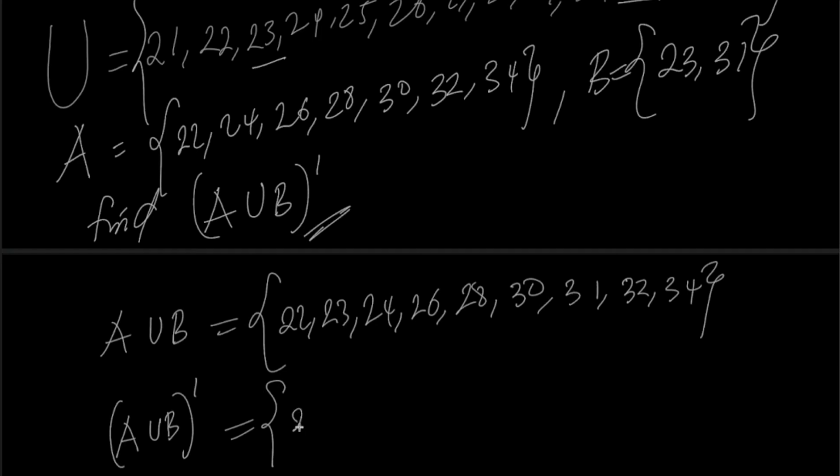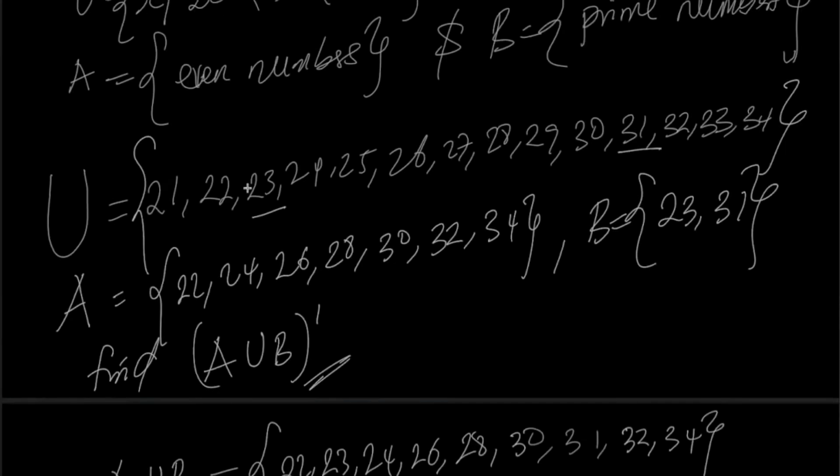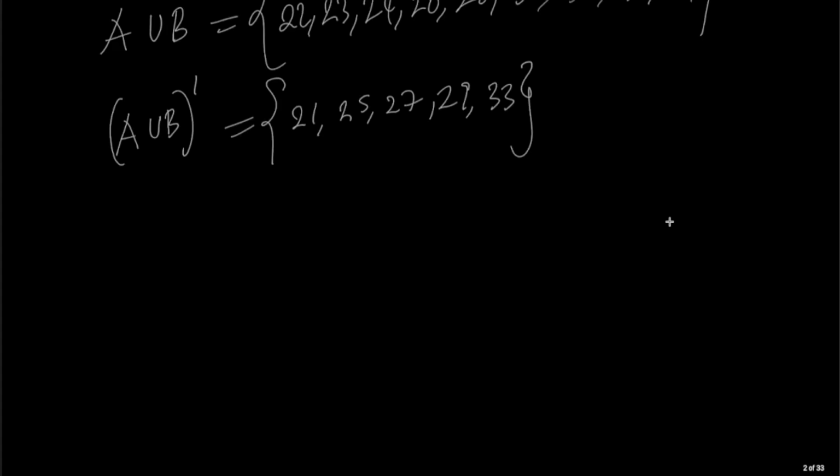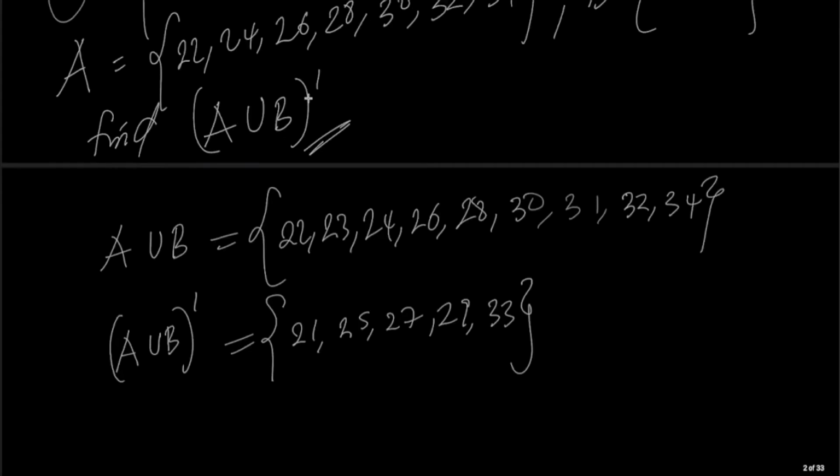Those are 21, 22 is here, 23, 24, 25, 26, 27, 28, 29, 30, 31, 32, 33. That is all. Okay? So we are able to build all this from here. Then we find the complement of the union of A and B. Hope this is understood. Thank you for viewing.